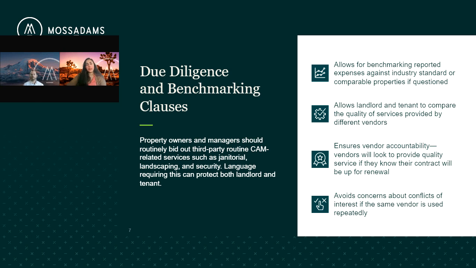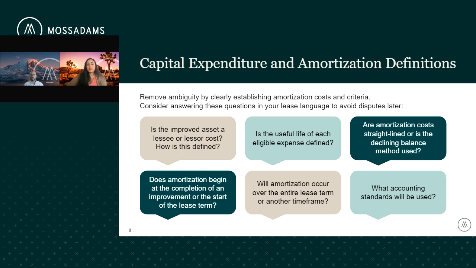Thanks, Steve. Okay, so let's talk about capital expenditures and amortization definitions. In addition to traditional operating expenses, things that the landlord has to pay monthly for taking care of the building, some capital expenditures are also pass-throughable to tenants. Usually there are cost savings to be had.